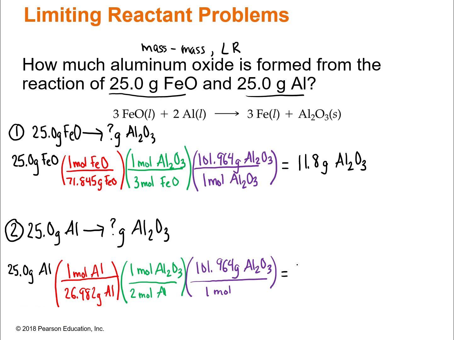When you do the math, you should get 47.2 grams of aluminum oxide.